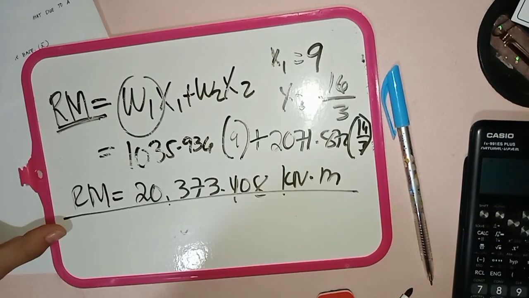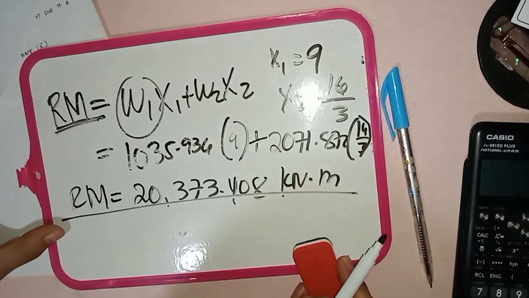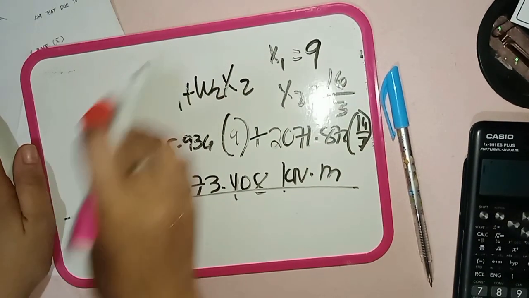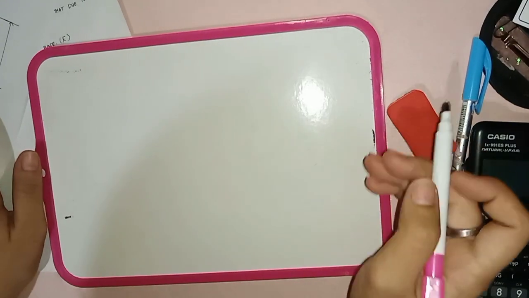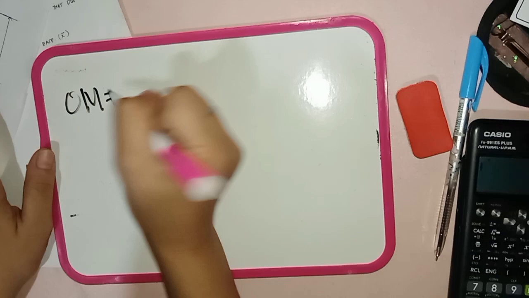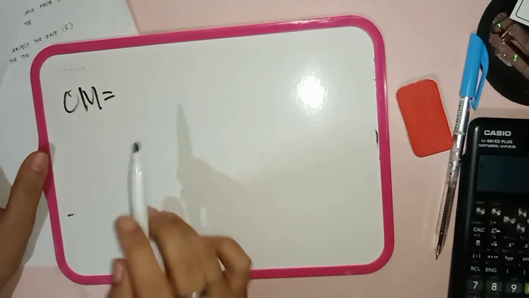Next step is the overturning moment, since we are done with the righting moment. The overturning moment is the rotation towards the downstream side.